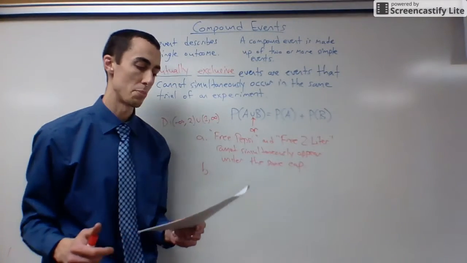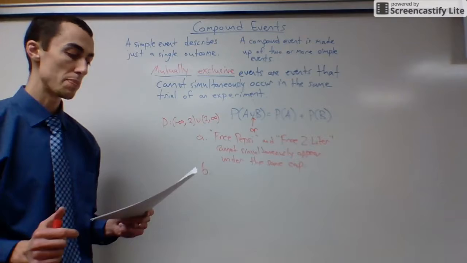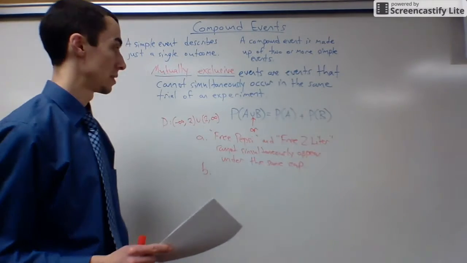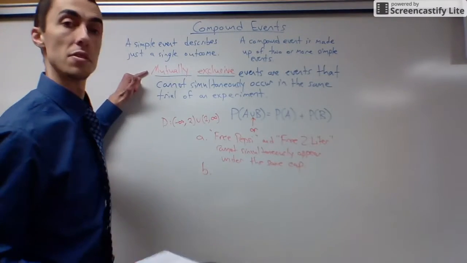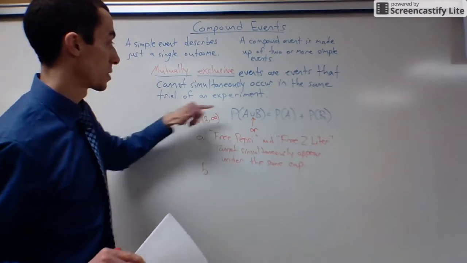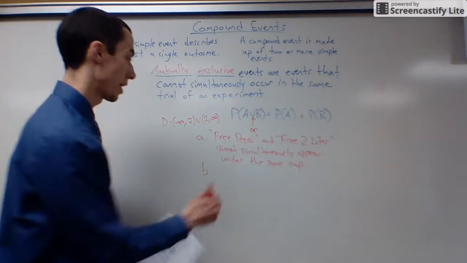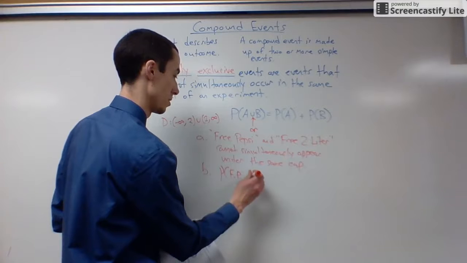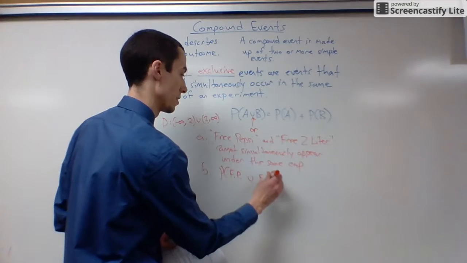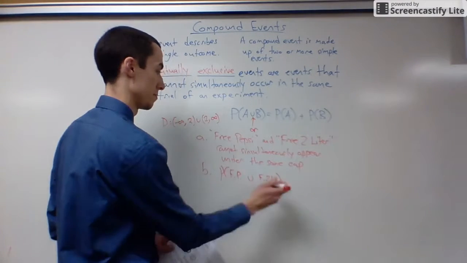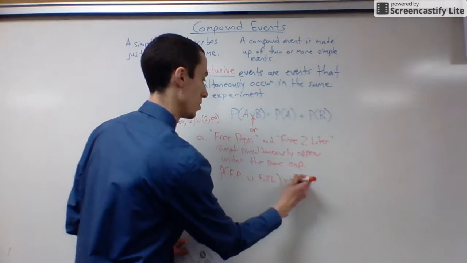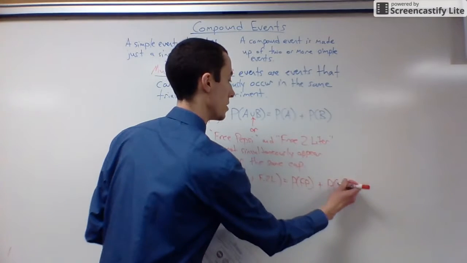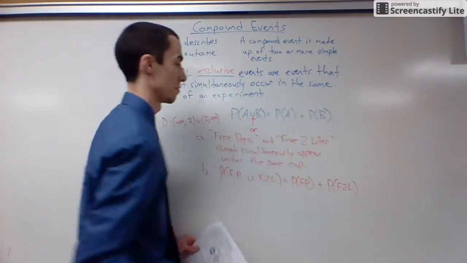Next, what's the probability that a bottle cap is labeled free Pepsi or free 2-liter? So this is an either-or situation. Now we know that it's mutually exclusive from part A, so we can use this formula to find the probability of either free Pepsi or free 2-liter. We'd find the probability of free Pepsi and add to it the probability of free 2-liter.